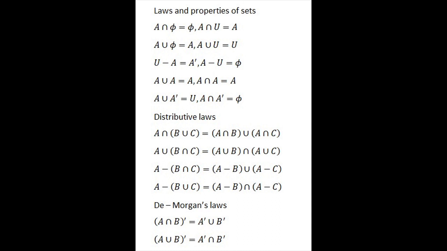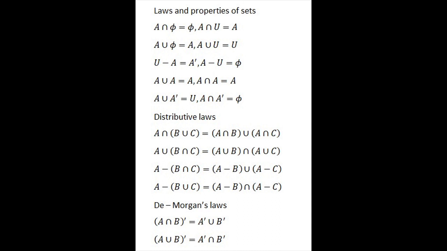A intersection universal set is A. A union universal set is the universal set. Universal set minus A, we have already learned, is A complement, A dash. A minus U, the other way around, is the null set. A union A and A intersection A are obviously A. Then A union A dash: if you have something and something which you don't have, when you club them, you get the universal set. And A intersection A dash has nothing in common, so it is the null set.